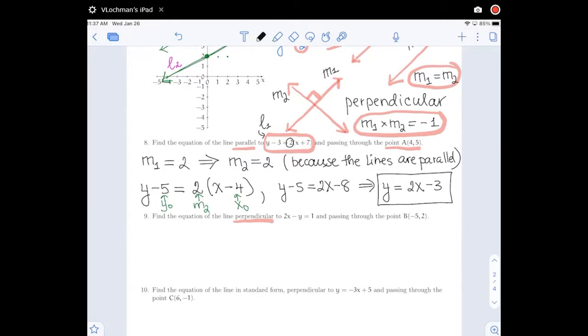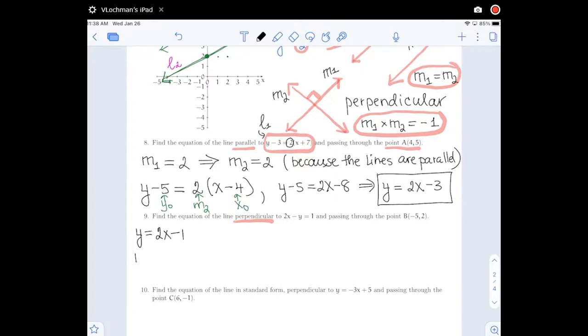I'm going to take my first line and solve for y so I can see what that slope is. That's y is equal to 2x plus 1, right? Nope, is it plus 1? That's negative 1, right? Should be negative. Here we go. So 2x minus 1, that's my first line.